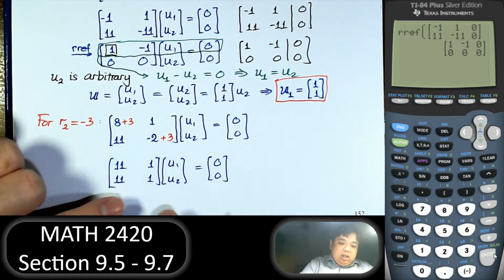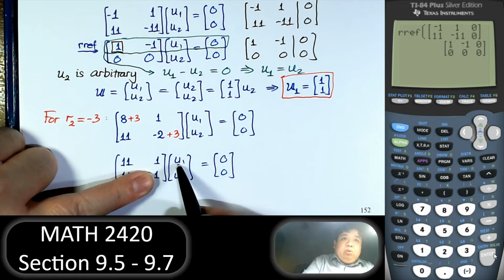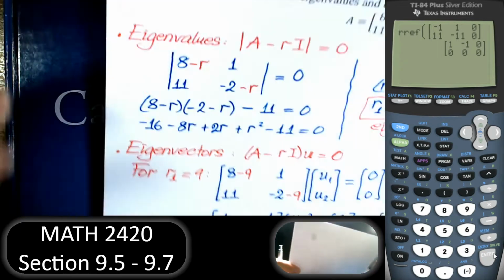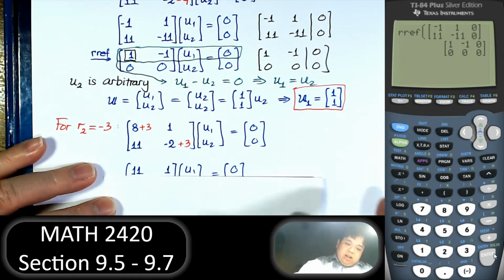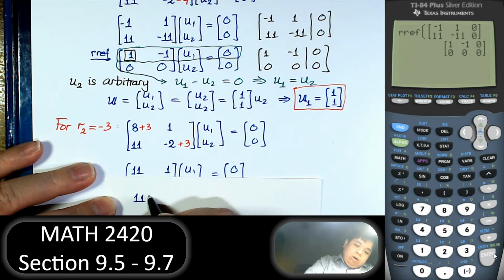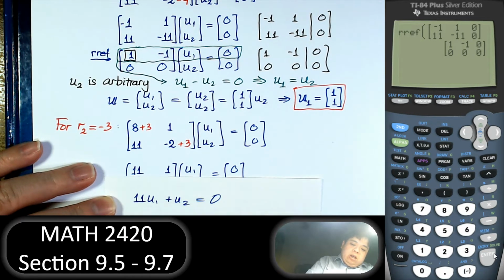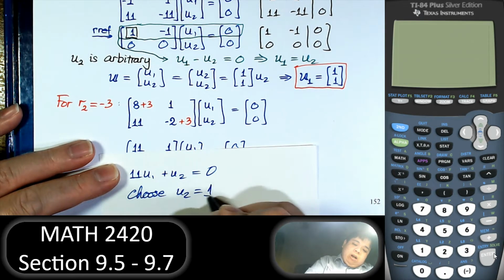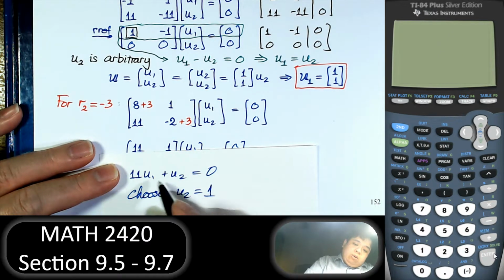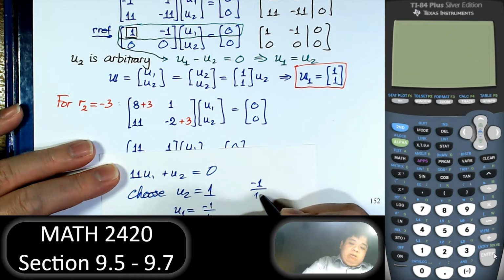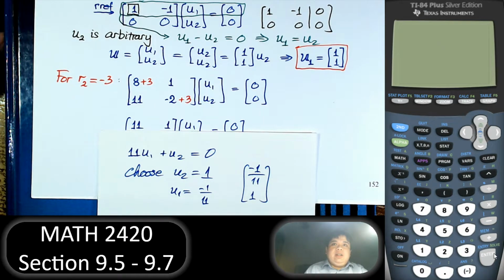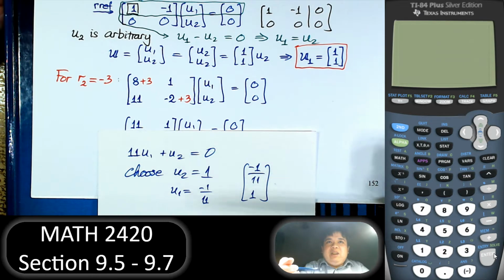In linear algebra, you can say those two equations are the same. Take the first one: 11 U1 plus U2 equals 0. Choose U2 to be 1, then U1 equals negative 1 over 11. So the vector negative 1 over 11 and 1 is the eigenvector. That certainly works, and we don't have to go any further.